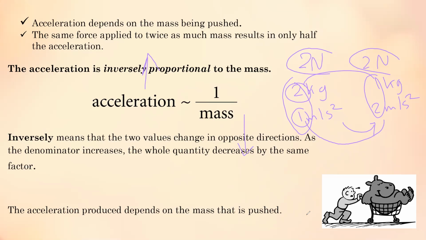Inversely is like y equals k over x, and directly is y equals kx. So here the acceleration is inversely proportional with the mass. Inversely means that the two values change in opposite directions: as the denominator increases, the value decreases.